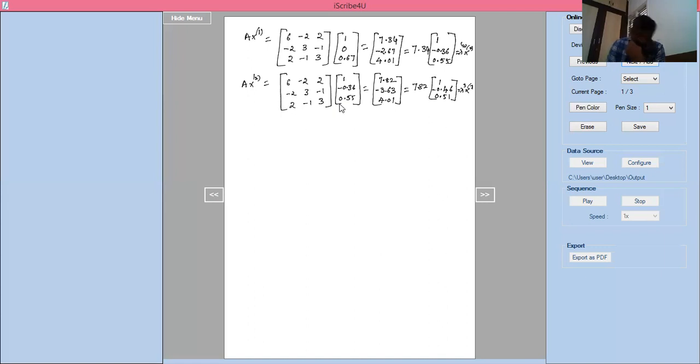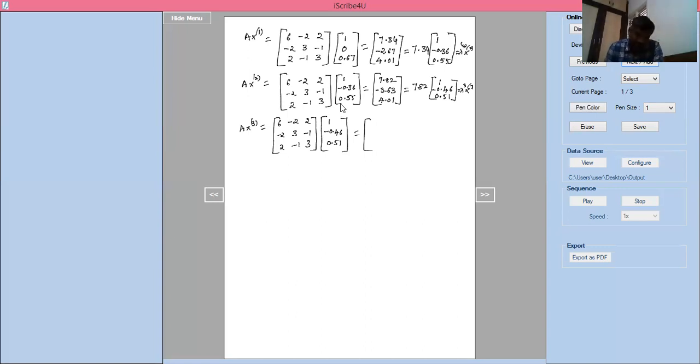Now AX3: A is 6, minus 2, 2, minus 2, 3, minus 1, 2, minus 1, 3, into x3. The value of x3 is 1, minus 0.46 and 0.51. Multiplying, 6 into 1 is 6, minus 2 into minus 0.46, plus 2 into 0.51.